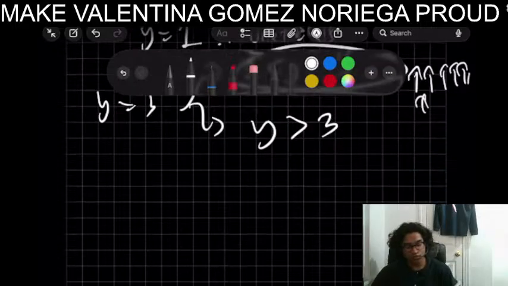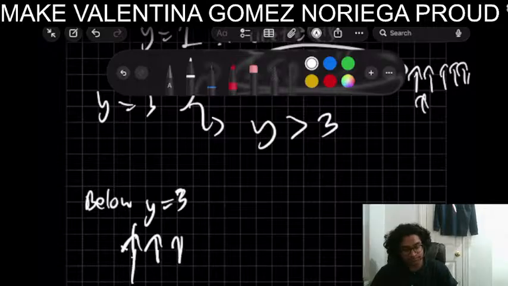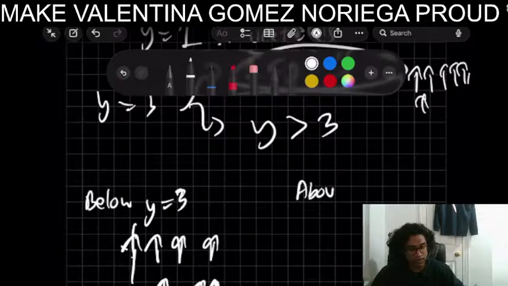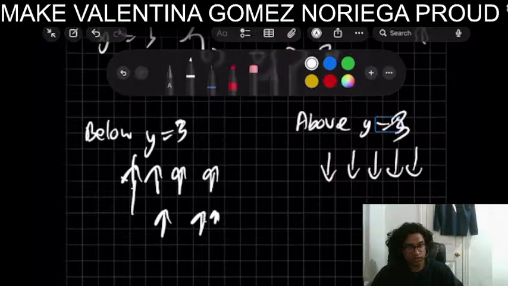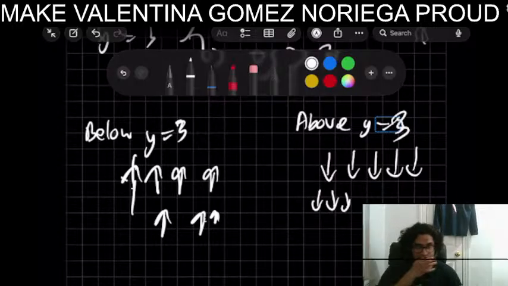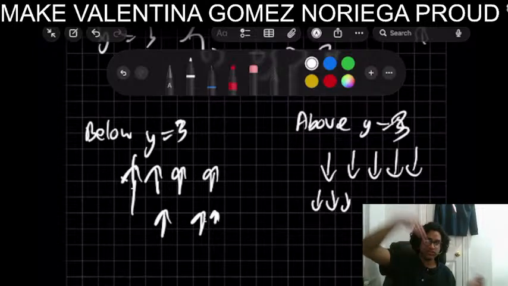So below y equals 3 is going above. And above y equals 3 is going below, right? And because the below one is going above and the above one is going below, they're going to connect.